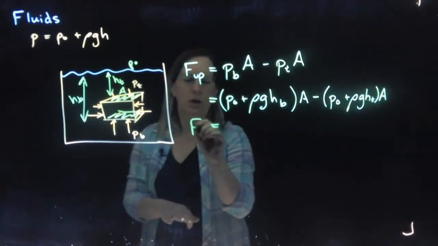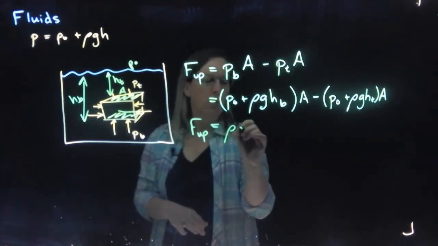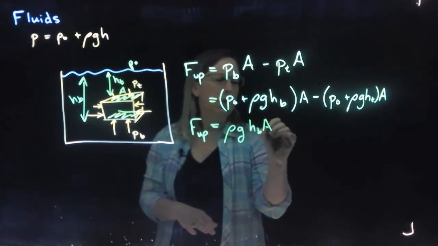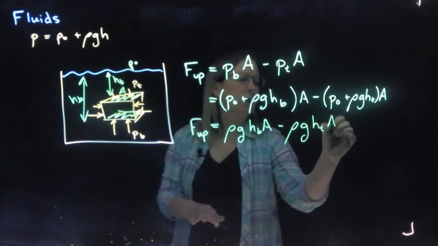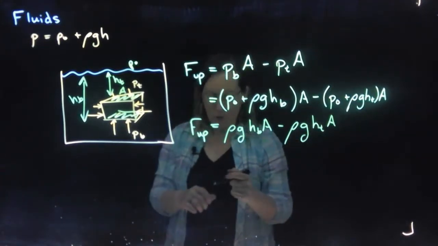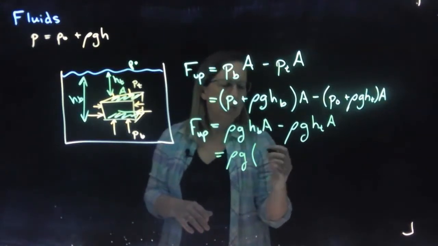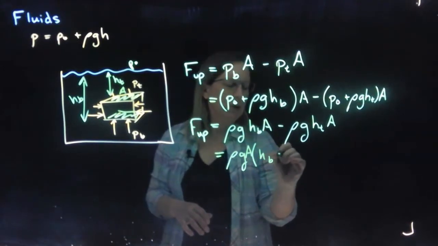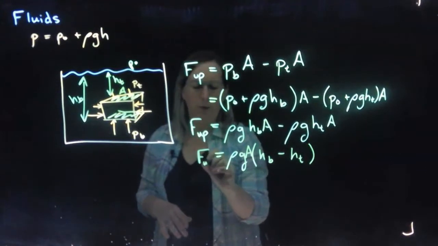So this force up is going to be just rho g h bottom times A minus rho g h top times A. Both of these have rho and g, so I'm going to factor that out, and A as well. And I have h bottom minus h top, and that's the force up.